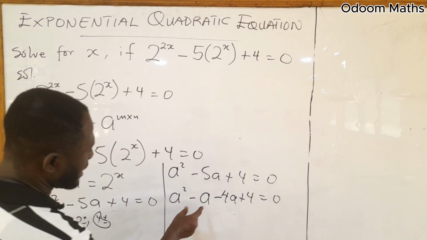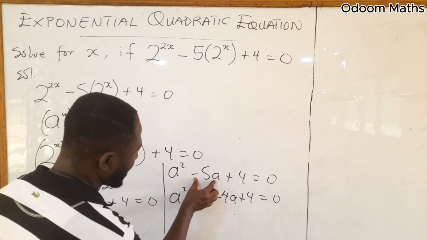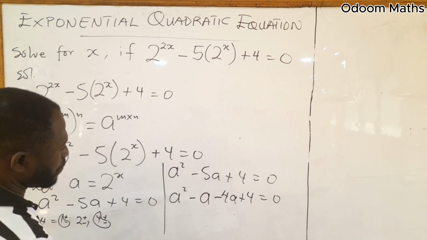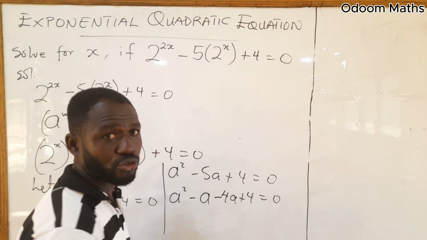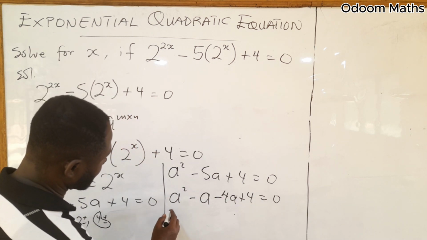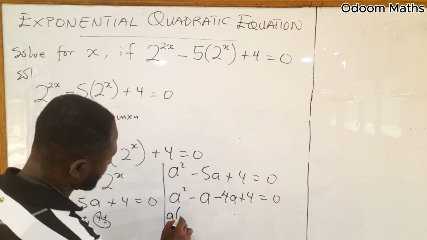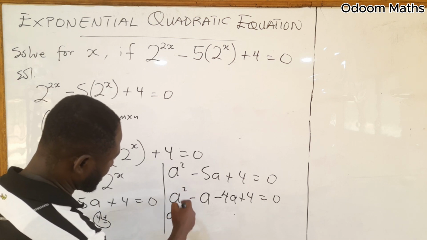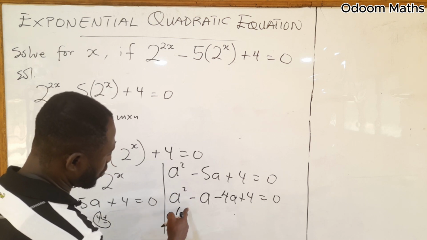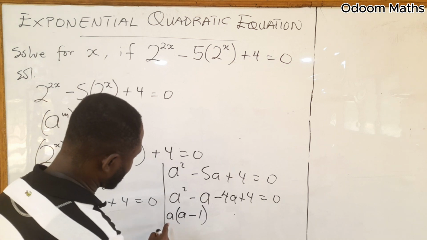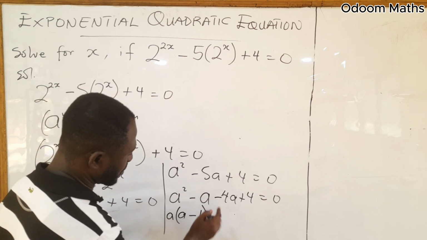Negative a minus 4a is negative 5a. Now we have 4 terms, so we can group them into 2. Looking at the first pair, we can say a is common. We've taken a out, so minus 1 remains.